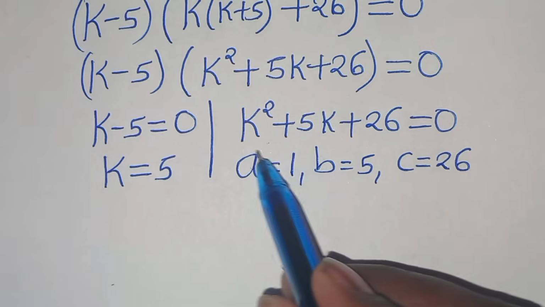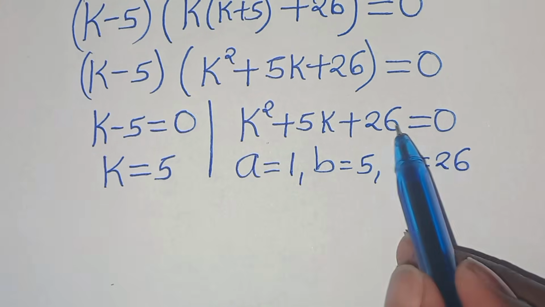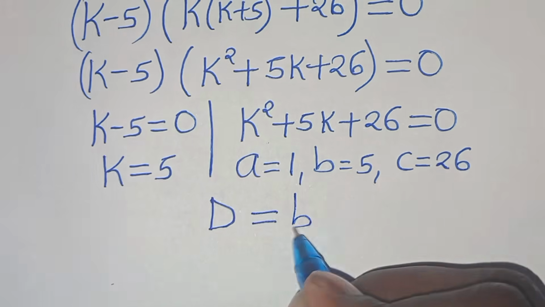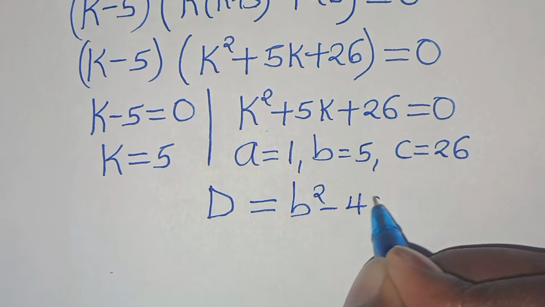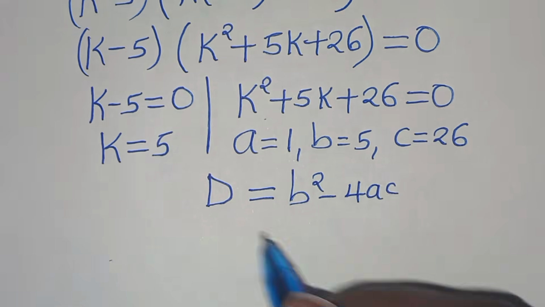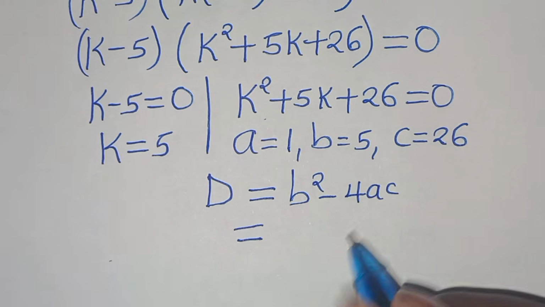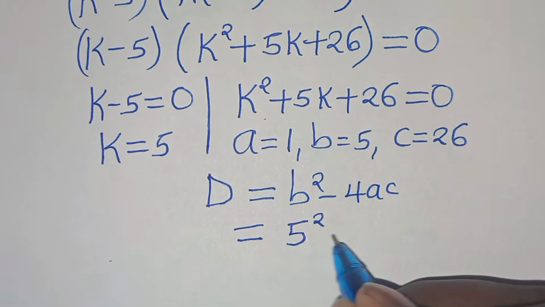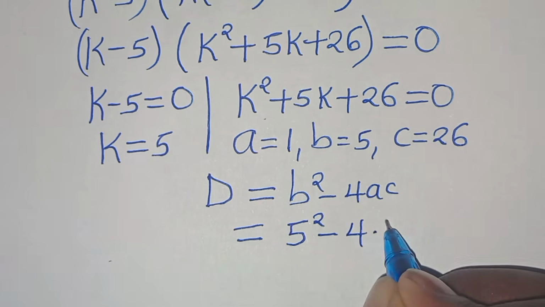Now, let's assess the nature of the root of this quadratic equation. That is by determining the discriminant value, which is b squared minus 4ac. Now, substituting the values of a, b, and c into this formula, we have 5 to the power of 2 minus 4 times a, which is what?